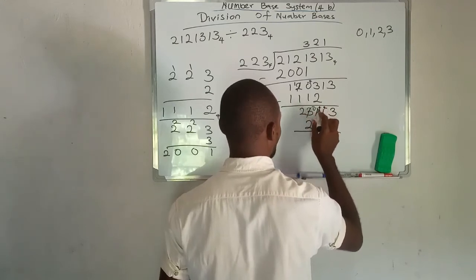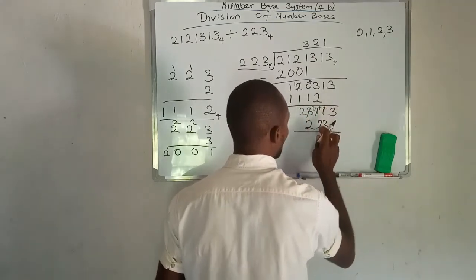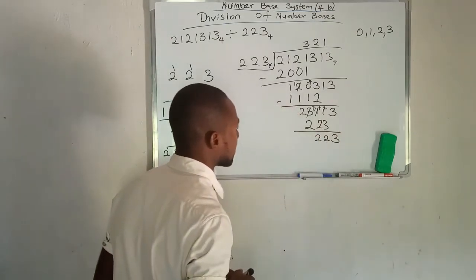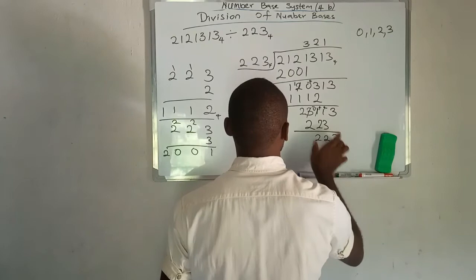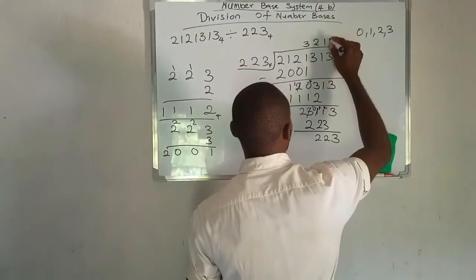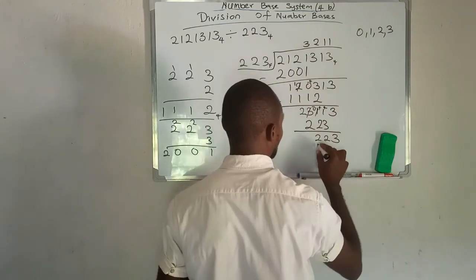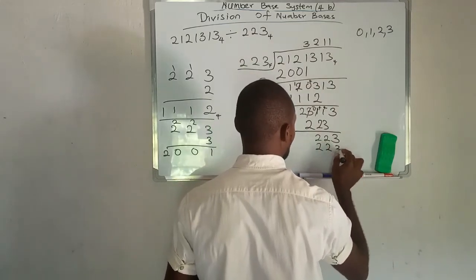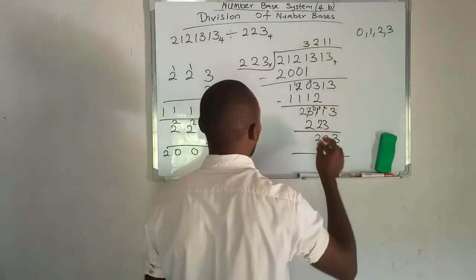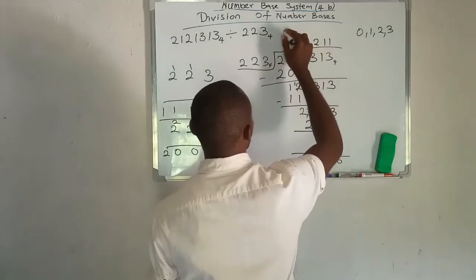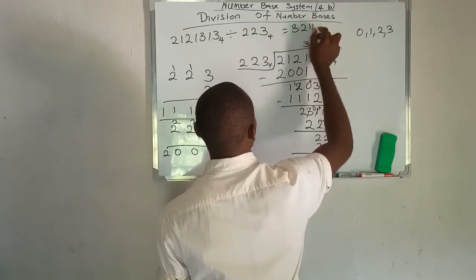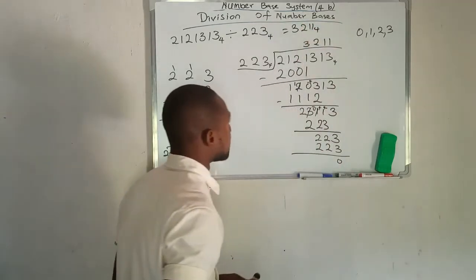I'll add 4 to this place. 4 plus 0 is 4. 4 minus 2 is 2. So we have 2, 2, 3 here. Now 2, 2, 3. So we have to multiply by 1. So I have 1 times this will give us 2, 2, 3. And then this is our result. So have this divided by this will give us 3, 2, 1, 1, all in base 4.